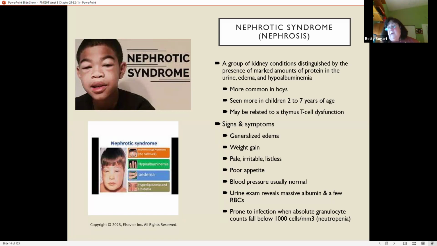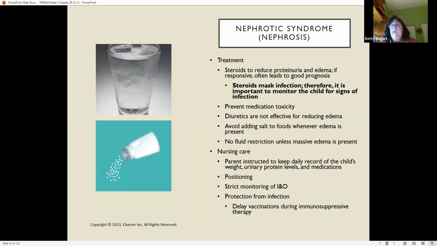Well, proteinuria, massive amounts. And again, these children are apt to get infections because of this T cell dysfunction. Again, we give steroids, and you've got to be careful with steroids. Steroids do a lot of things, right? They mask signs of infection, they can cause swelling, and they can delay wound healing.